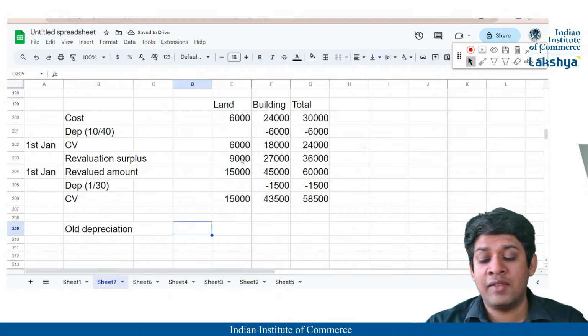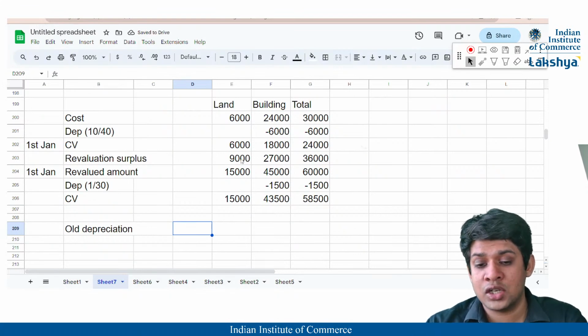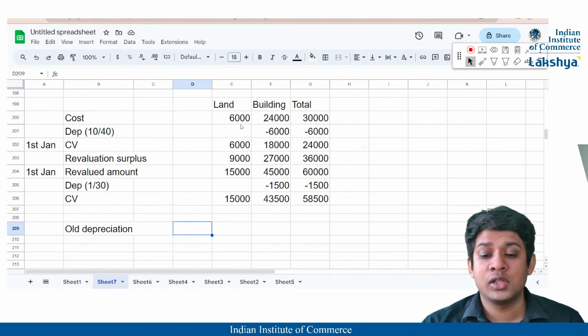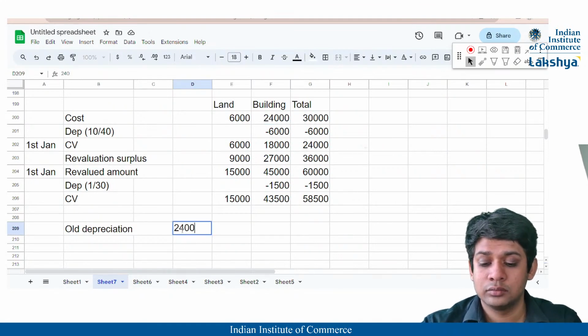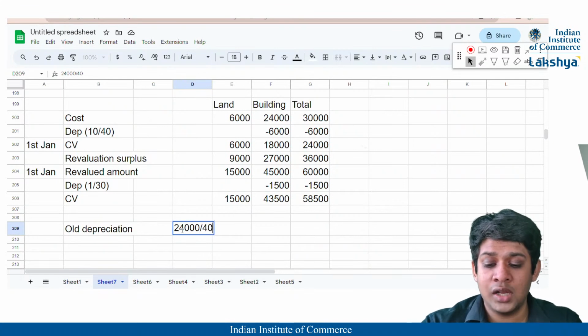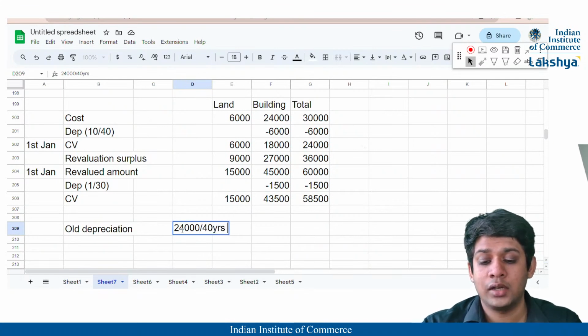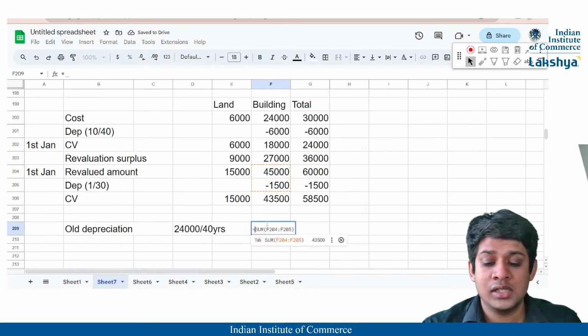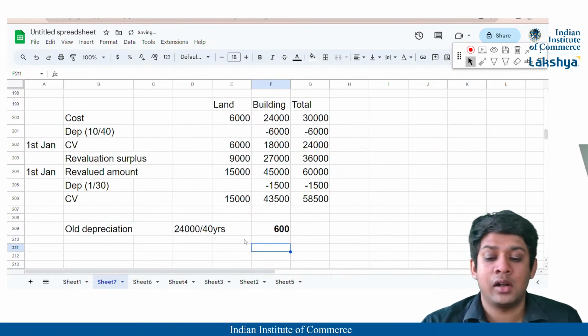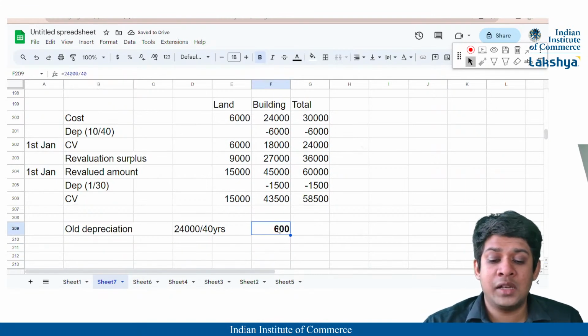Before my asset got revalued, there is an old depreciation which is charged. Correct? That was how much? 24,000 was the value of the building. Divide by 40 years of useful life. Correct? That means the depreciation that was originally charged is 24,000 divided by 40 years of useful life. That is 600.